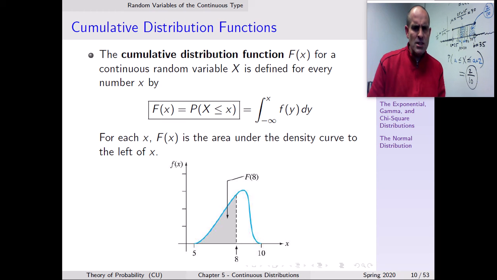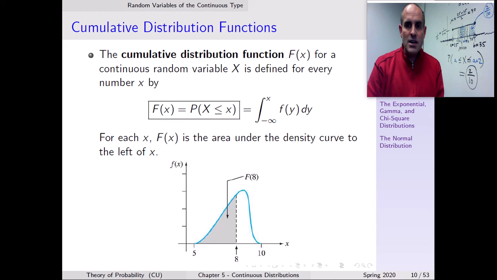Okay. So right here, for each x, capital F of x is just the area under the density curve to the left of little x. So that picture right there is just, okay, I have this density curve in blue, and the cumulative distribution function, capital F of 8, which is the probability of being equal to or less than 8, is just that area under the density curve up to 8.